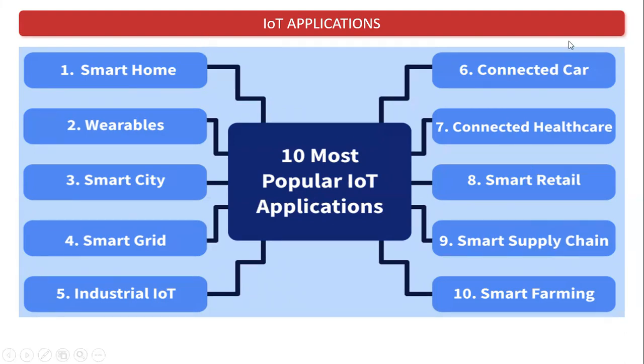And in healthcare, in cars, there are many, like automatic buzzers and automatic doors, locking systems. All these are examples of our IoT.